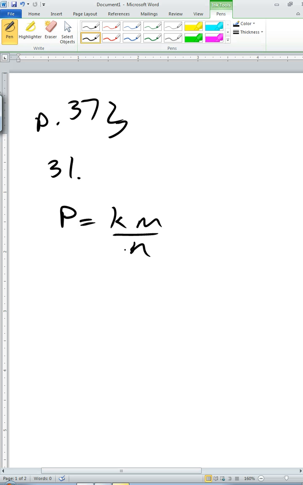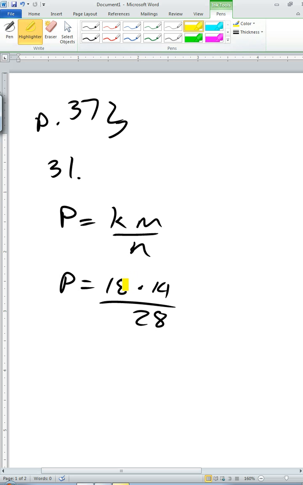As we plug our numbers in here in number 31, it says the constant of variation is 18, and we know M is 14 and N is 28. Then we would just multiply that out to find out what P is. The big thing here is we have our K, our constant, right here.